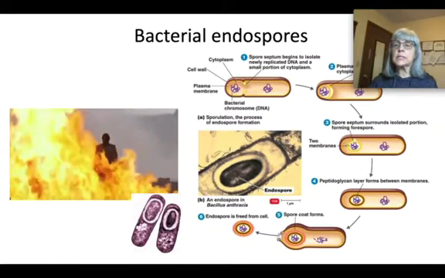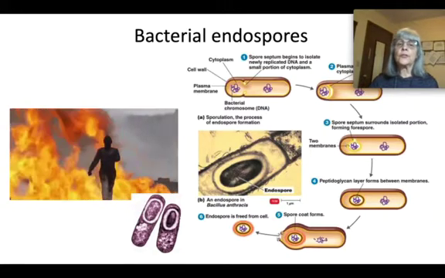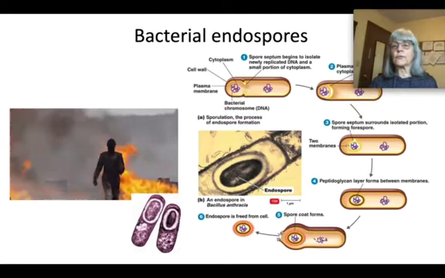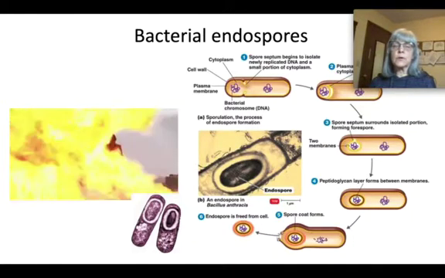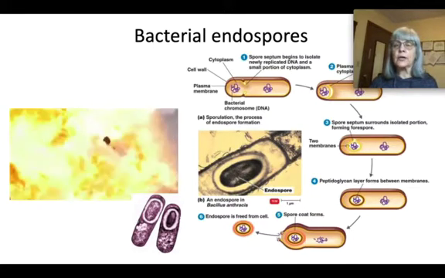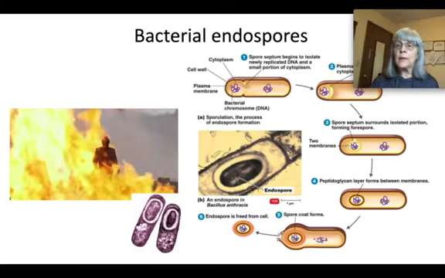And what it does is it will persist in its environment, whether it's soil, whether it's rocks, mountains, whatever. It will survive there until the conditions become favorable, and then what happens?